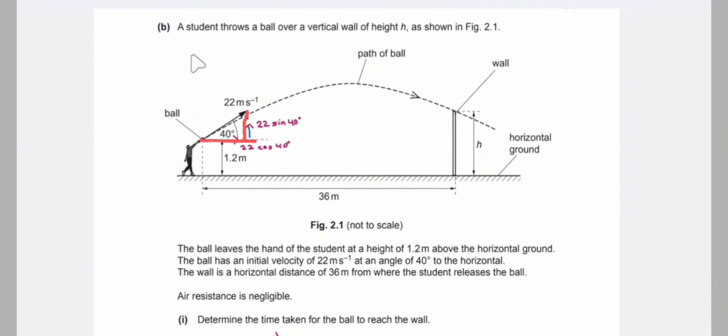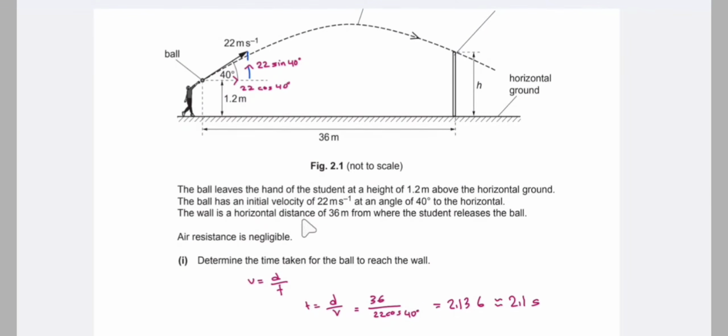Using 22 meter per second and 40 degree, since it is a right angle triangle, the adjacent, horizontal component is 22 cos 40 and the opposite, vertical component is 22 sine 40. So we break the velocity into its components.